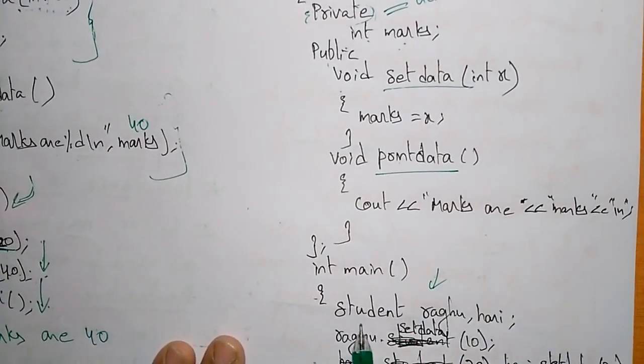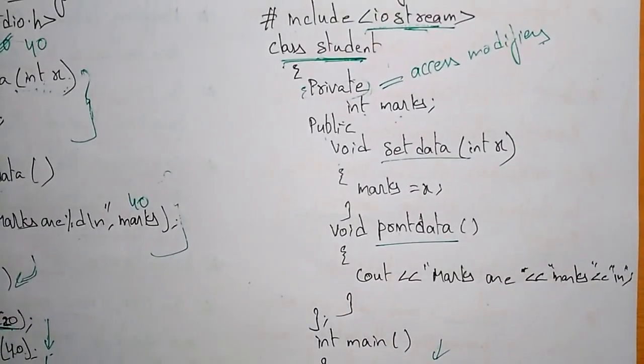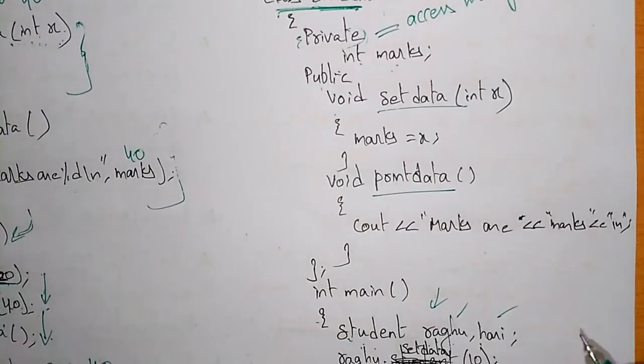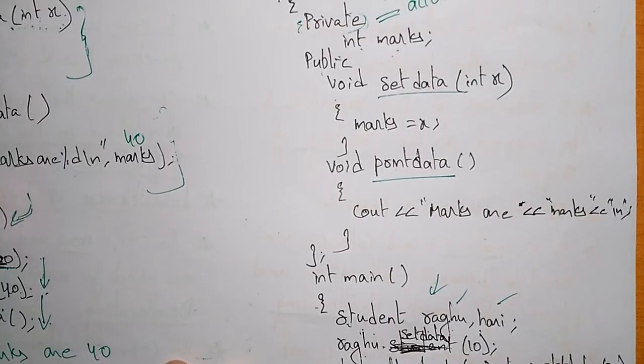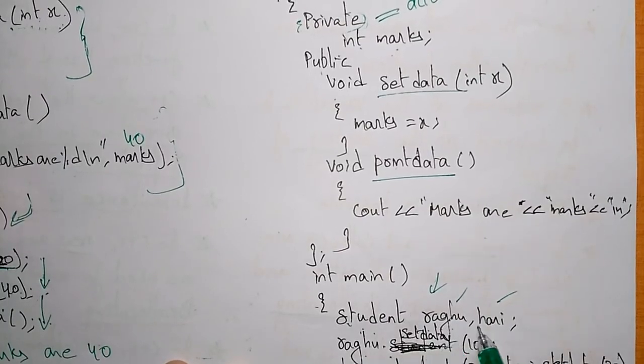Okay, coming to the main program, student Raghu comma Hari. So what it's saying, the class student has two names, one is Raghu and another is Hari. Okay, so now Raghu dot set data. So here the Raghu and Hari, you call them the objects of that class.